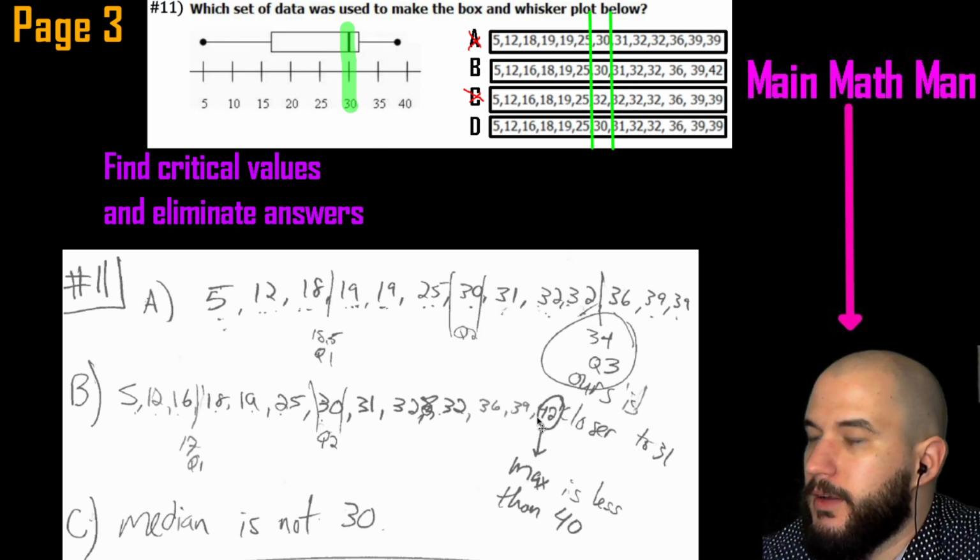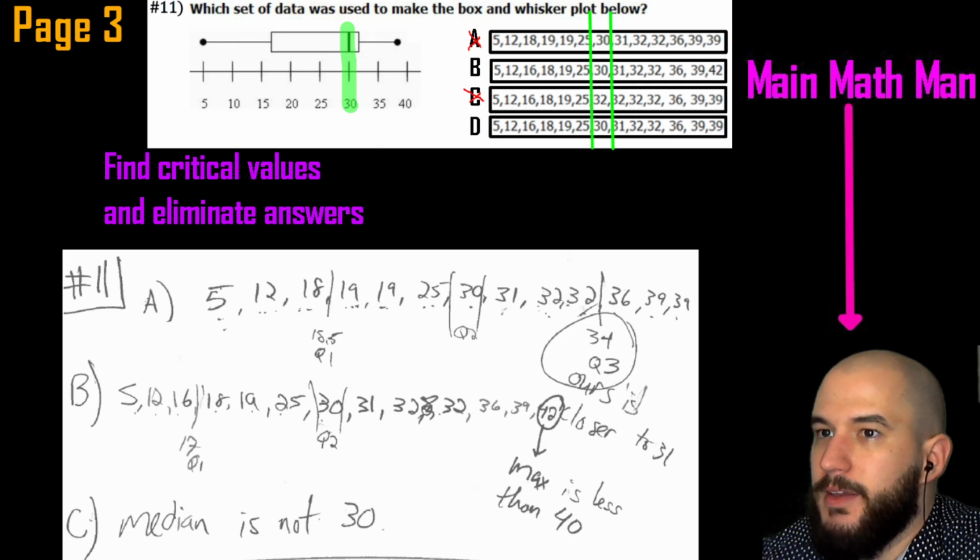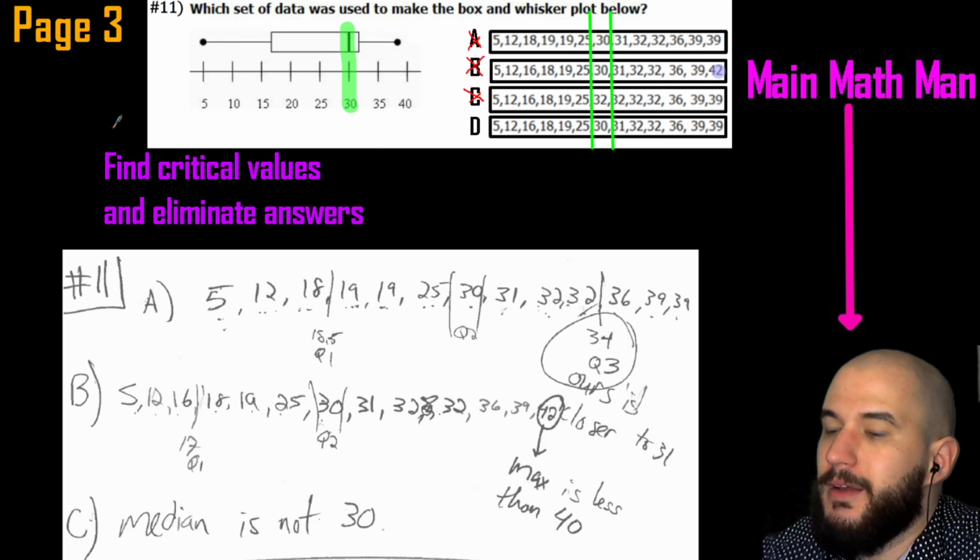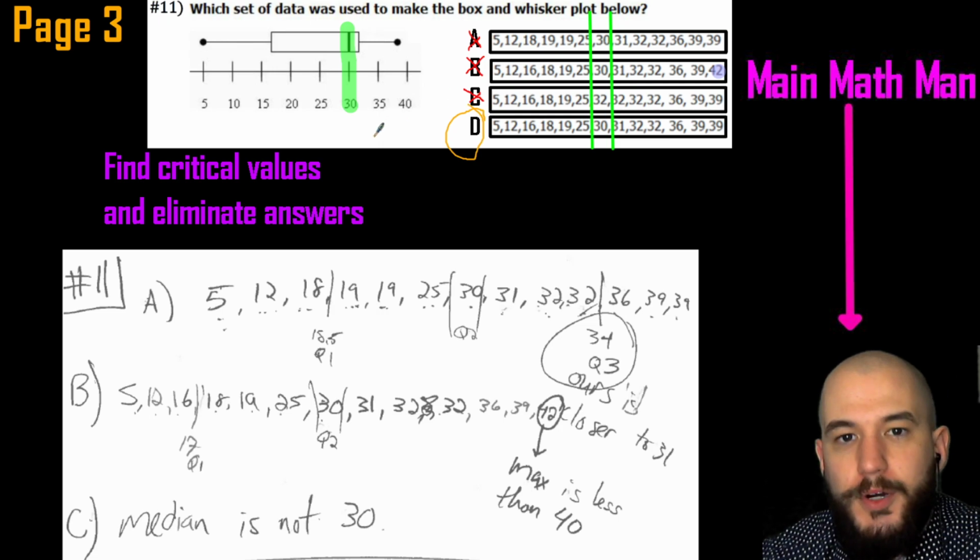However, in this set of values, what is our max? It's going to be 42, and it doesn't look like it is above 40. So that one's no bueno. Eliminate it, pick your answer, and move on.